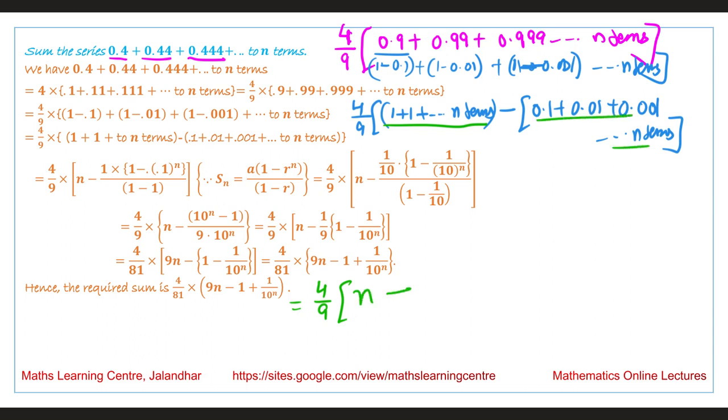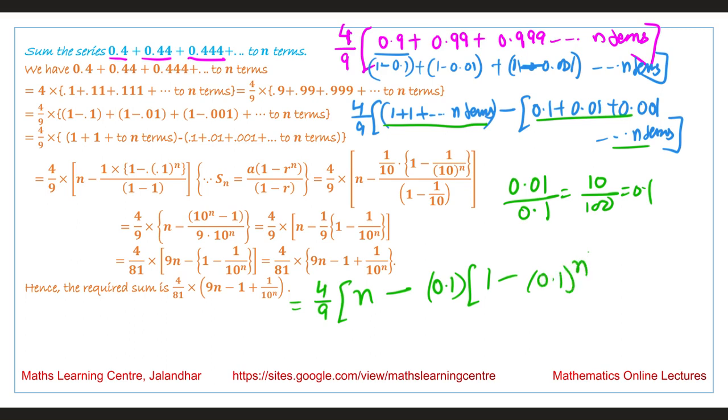The first term of this GP is 0.1. The common ratio is 0.01 by 0.1, that is equal to 10 by 100, that is equal to 0.1. Now this value is less than 1, so we are using the formula in this form: 0.1 into 1 minus 0.1 raised to the power n over 1 minus 0.1.